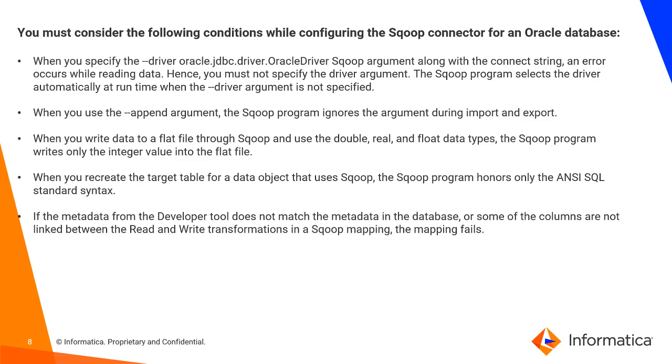Having said that, if there is any issue during the mapping run, it will generate the Sqoop import or export command in the mapping logs, which you can take and run as a Sqoop command outside Informatica, externally from any of the data nodes, just to identify whether the issue is within Informatica, or the issue is with the connection, the arguments, or the table schema.